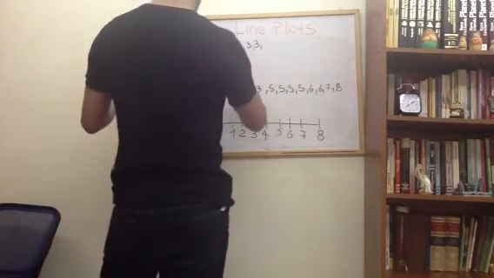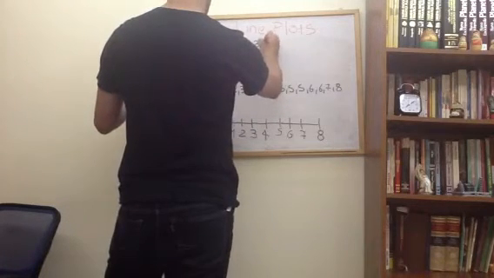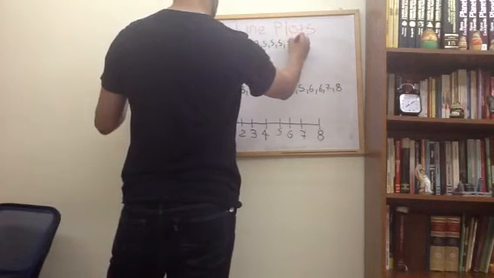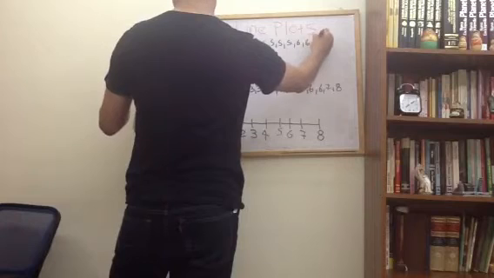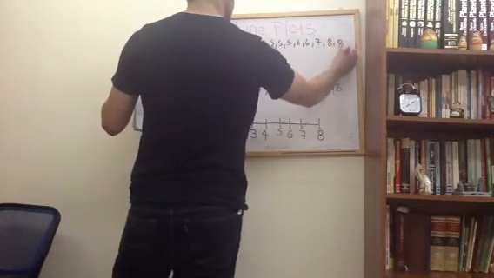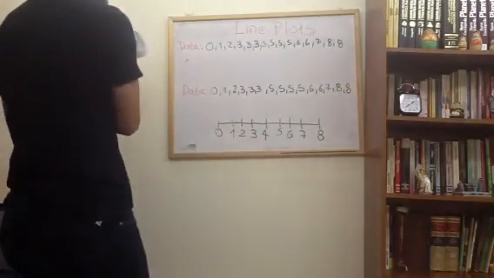Zero, 1, 2, 3, 3, 3. Okay. Oh, that's why I forgot to write this up.